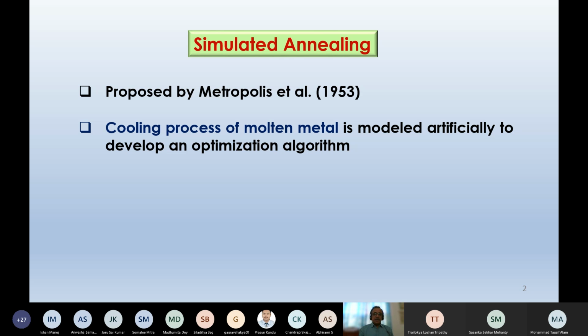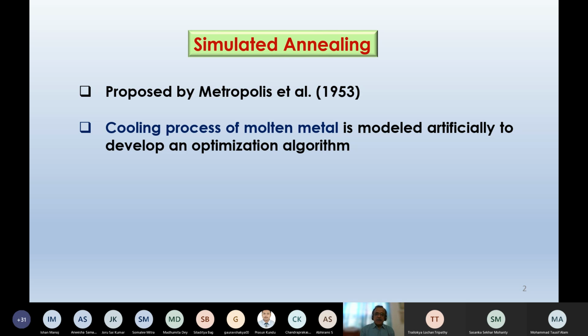Now, this concept was proposed by Metropolis and others in 1953. Here in simulated annealing, we try to model the cooling process of molten metal in an artificial way.